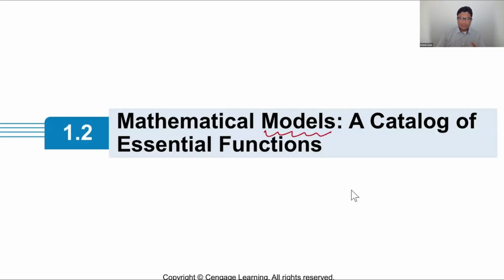Okay, a quick word about models. A mathematical model is an equation or an inequality, a mathematical formulation to represent or describe a real world situation. Like the formula for gravity between two objects is a mathematical model.